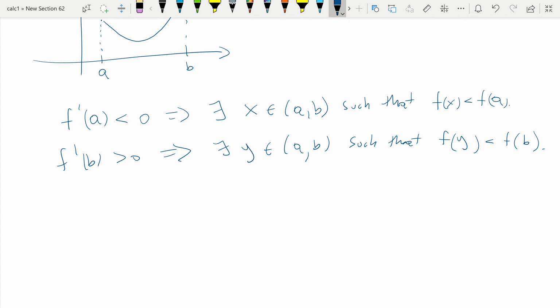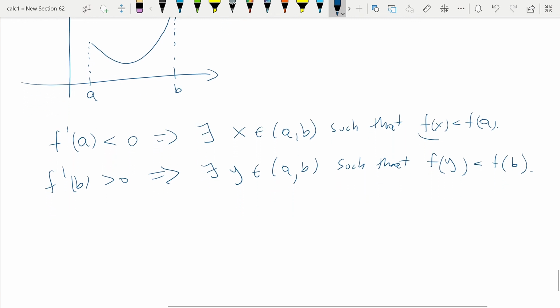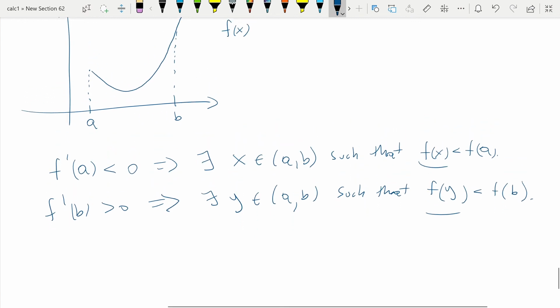And how do you combine these two things? Suppose you pick the smallest of these two, f of x and f of y. So suppose there's some number over here.